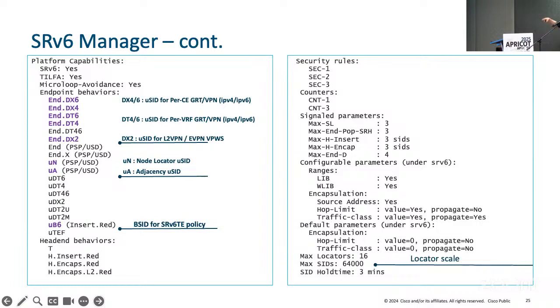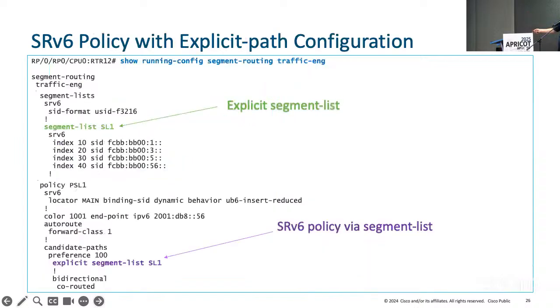If you do per-VRF label allocation, it's the DT, right? So it already tells you, once you have the microsegments reaching the nodes, what kind of lookup they're going to do. And all of this will be flooded by the IGP, and you can always use this show segment-routing srv6 manager to get all that information from the database.